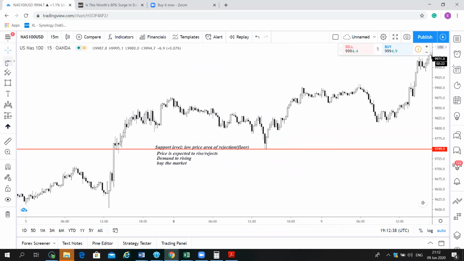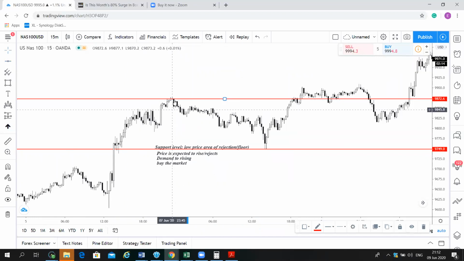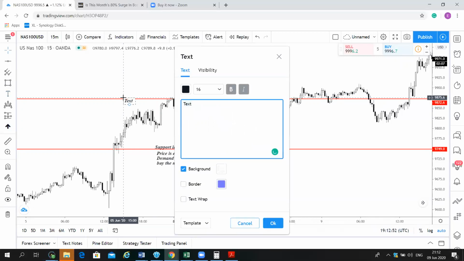And then we have a resistance. Remember, two or more rejections. When I come to this, I'm looking for two or more candles. Remember, support can be around any area, on any chart. That's your support and resistance. Your resistance is a high price.